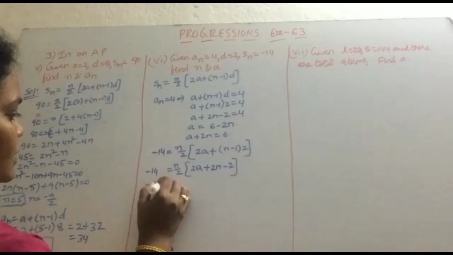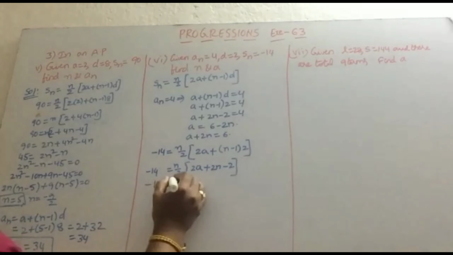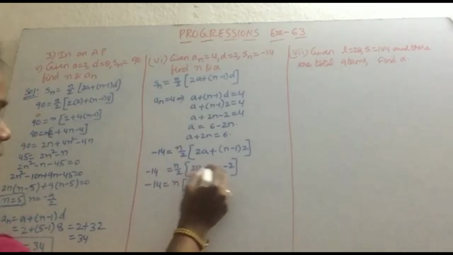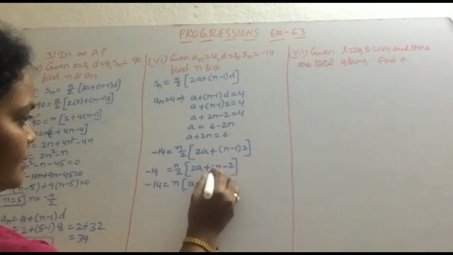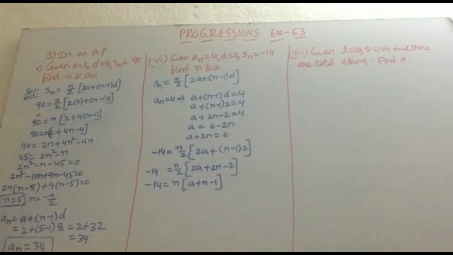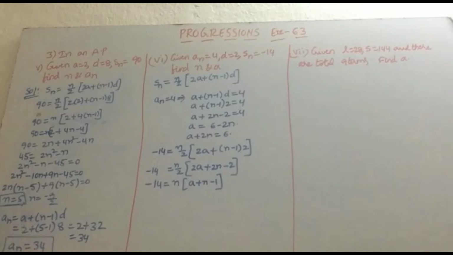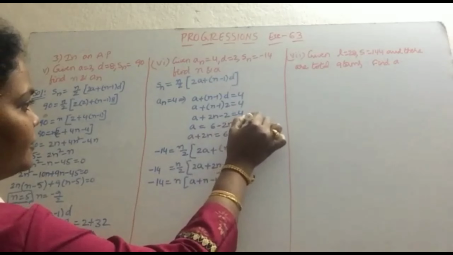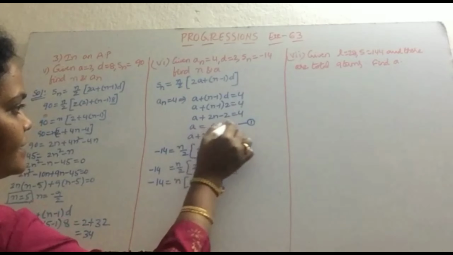So minus 14 equal to n into, I will take 2 as common, this 2 and that 2 get cancelled, a plus n minus 1. From equation 1, I will write a as 6 minus 2n.